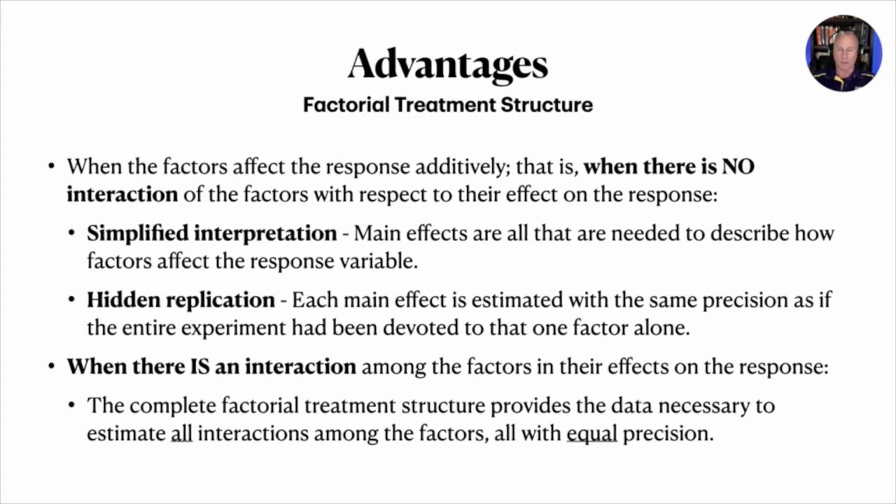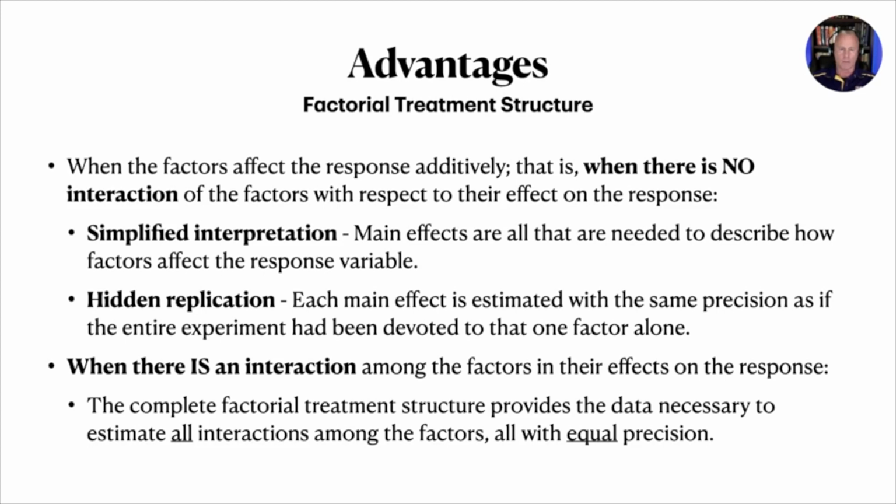In addition, and this is a big advantage when it comes to increasing the efficiency of an experiment, when there is no interaction, when the factors impact the response additively, then there is hidden replication. What this means is that the main effect of each factor is estimated with the same precision as if the entire experiment had been devoted to that one factor alone.